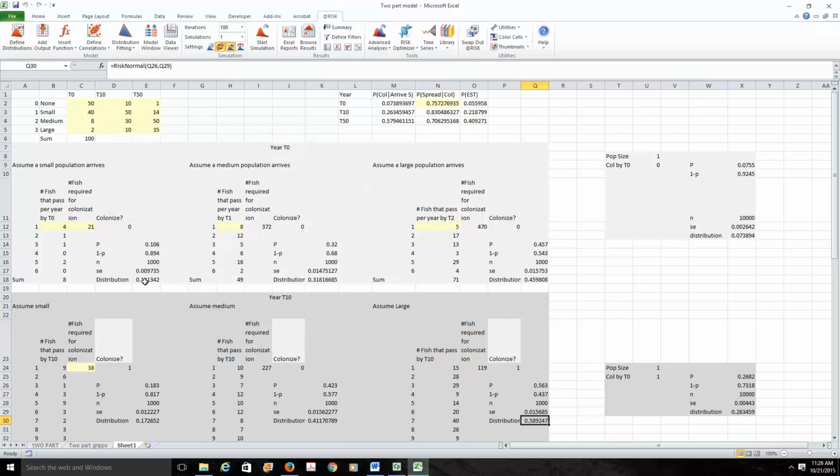So what this gives me is a distribution that captures some of the uncertainty about the true value of this probability here. Okay? In the next video, I'm going to show you how we combine all that to come up with this probability of colonization here, and then we will complete the calculation.